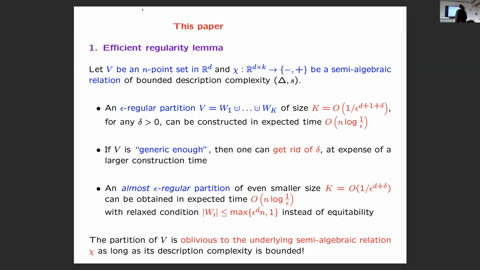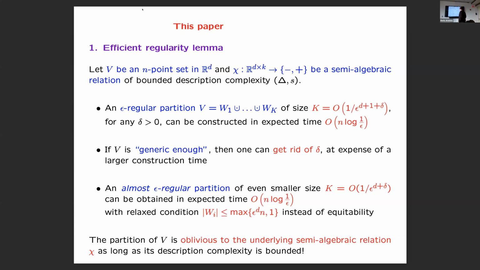You can also get rid of this delta if you assume a certain general variant of general position for the hypergraph. So for most applications, unless you are working with incidences and such, this delta does not come into play. But there is an added cost in the running time.